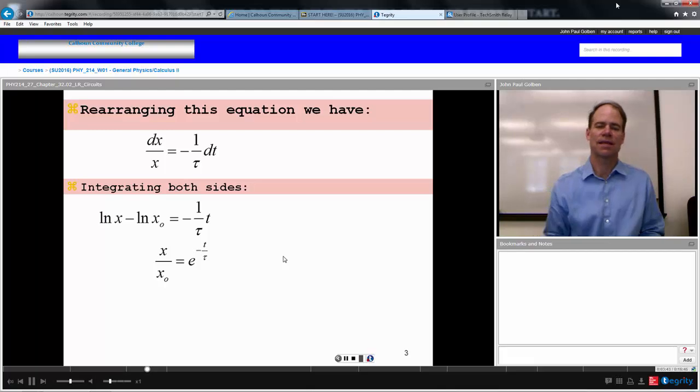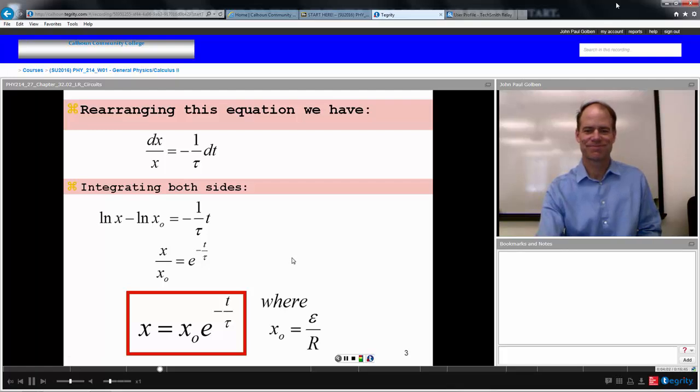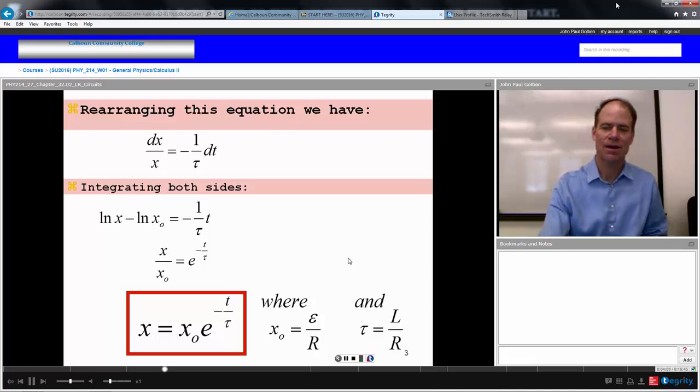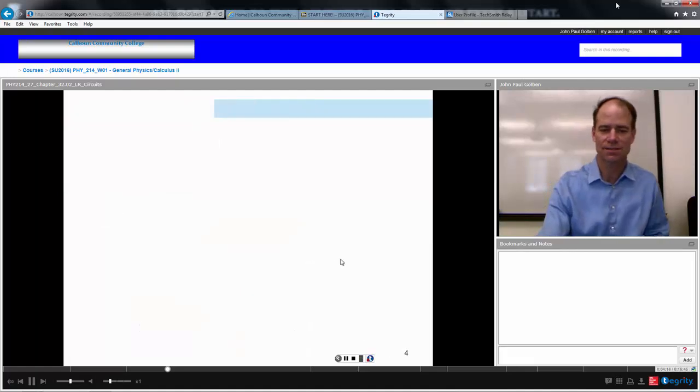And if I take the opposite operation of the natural log, which is the exponent of both sides, I get x divided by x naught is equal to e to the negative t over tau. Or x is equal to x naught e to the negative t over tau, where x naught is the voltage divided by resistance, a constant, and tau is the inductance divided by the resistance, also a constant.